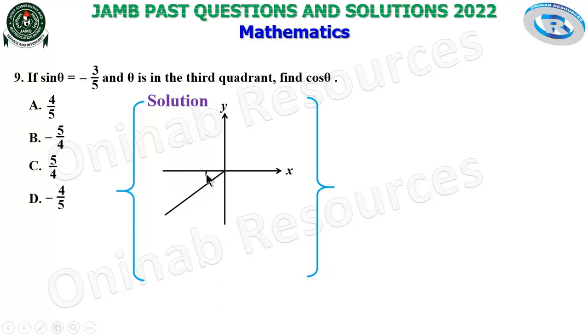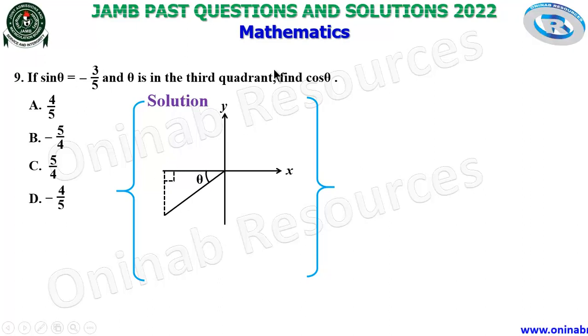We call this angle theta. And if you look, this is the negative side of x, negative side of y. So we can now create a right angle triangle here. So sine theta is equal to negative 3 over 5.